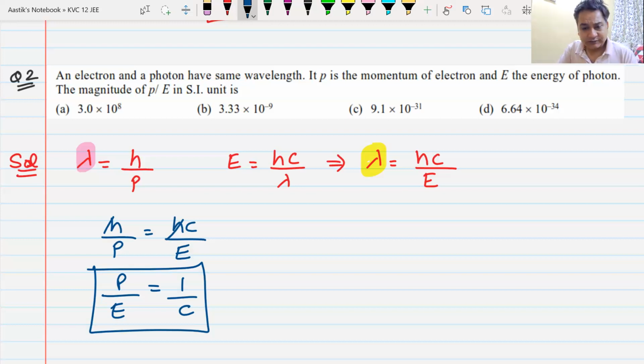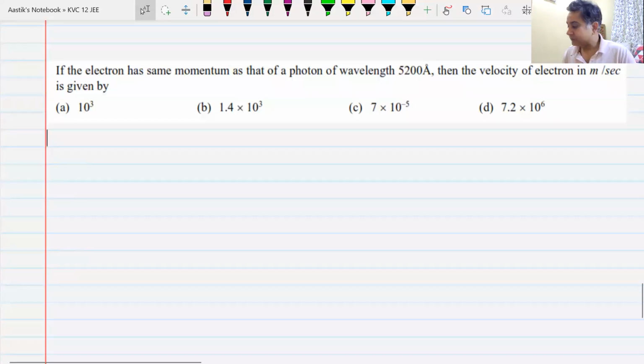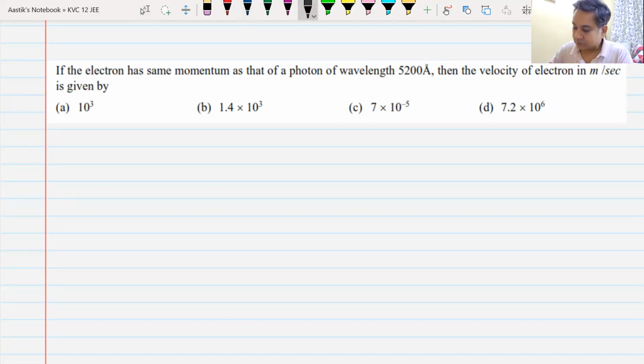You can do this one though. An electron has the same momentum as that of a photon of wavelength 5400 Angstrom units. What is the velocity of the electron in meters per second?